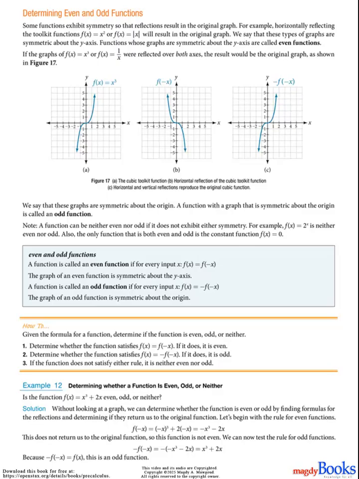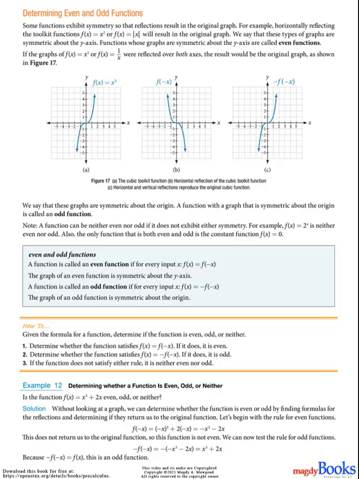How to: given the formula for a function, determine if the function is even, odd, or neither. 1. Determine whether the function satisfies f(x) = f(-x). If it does, it is even. 2. Determine whether the function satisfies f(x) = -f(-x). If it does, it is odd. 3. If the function does not satisfy either rule, it is neither even nor odd.